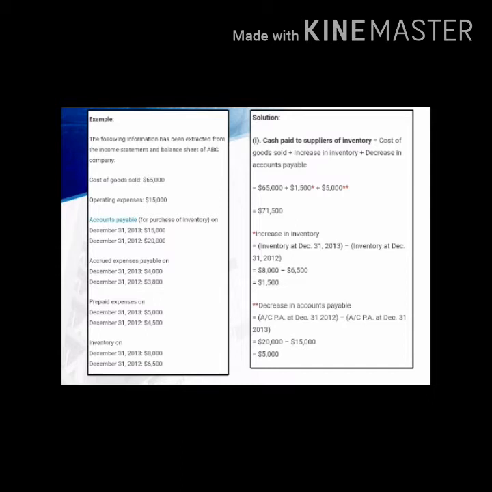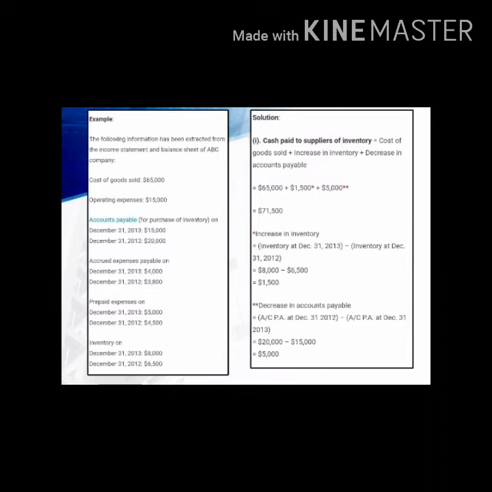Next is from the accrued expenses payable on the ending period, $4,000, and in the beginning period, $3,800. Next is from the prepaid expenses on the ending period, which is $5,000, and the beginning period, which is $4,500.